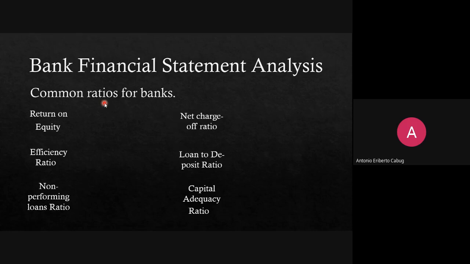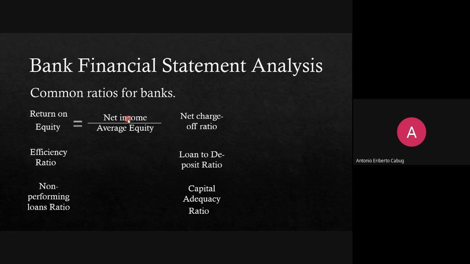So the ratios that I have listed here are those specifically useful for banks, except for return on equity, because return on equity is useful for any type of company. Common ratios for banks: you have the return on equity, which is net income over average equity.